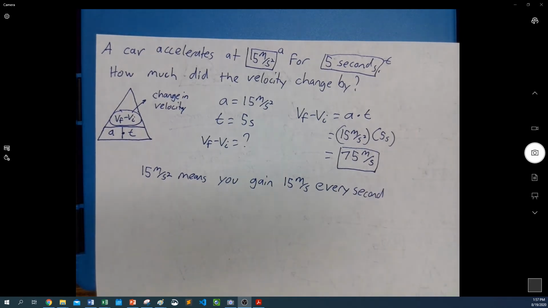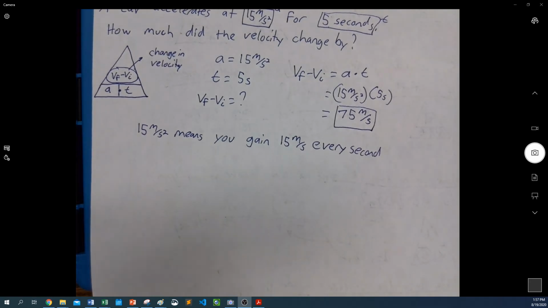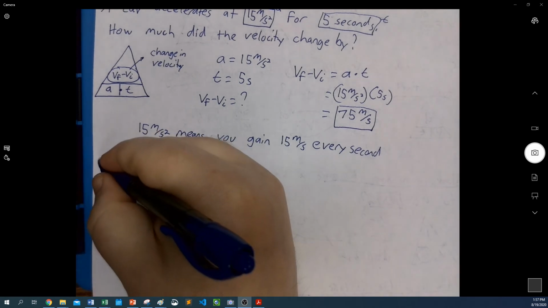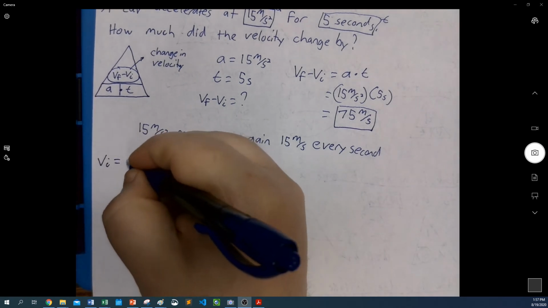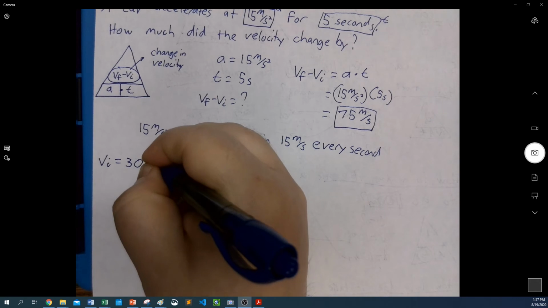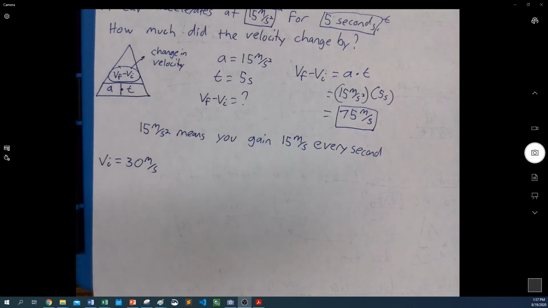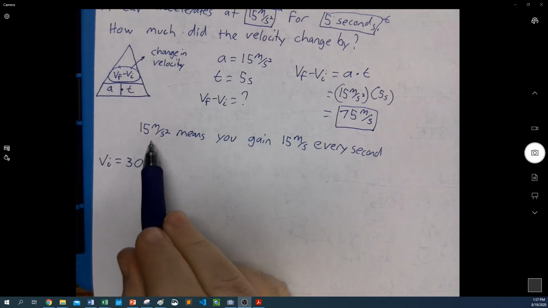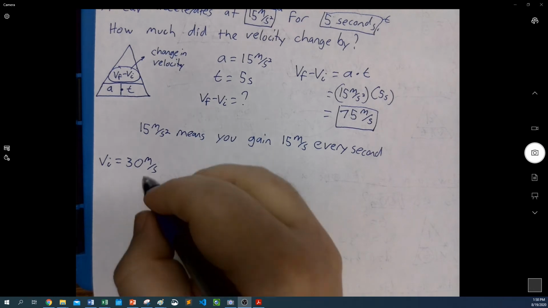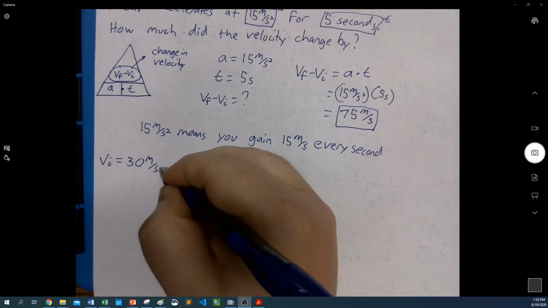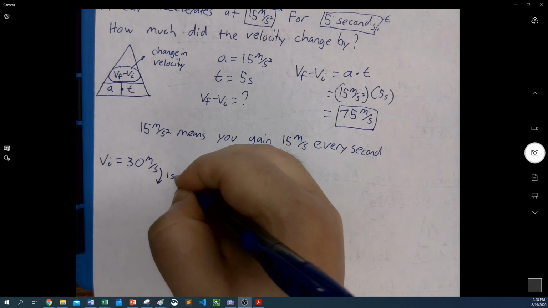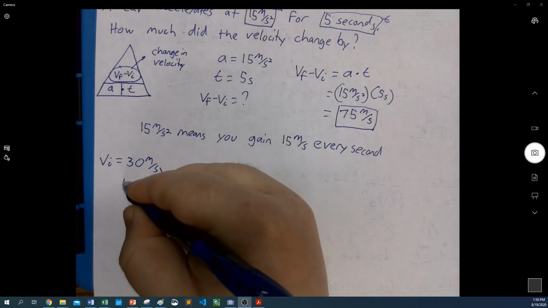So let's make up an initial velocity. Let's suppose that your initial velocity is equal to 30 meters per second. What this 15 meters per second squared means is that after 1 second, you will increase by 15.